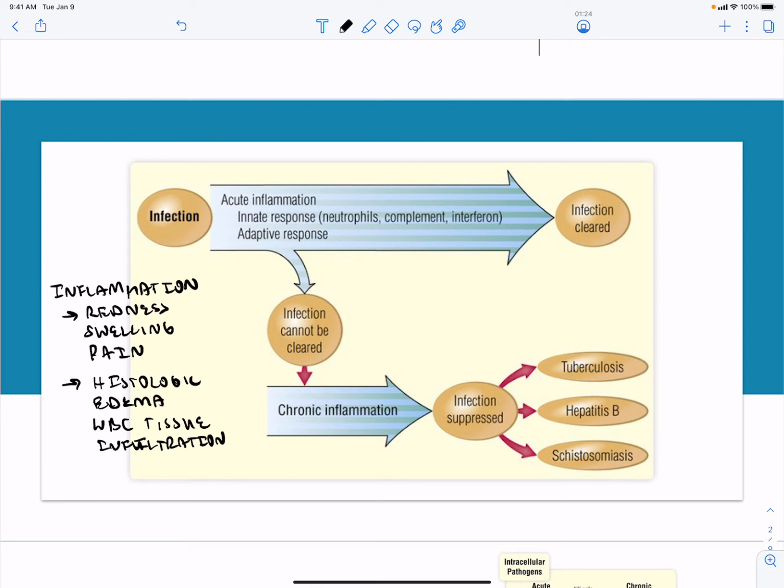And of course, as we know, when you have an inflamed tissue, the endothelial cells become more leaky, so they separate so that the white blood cells can do their diapedesis and get into the inflamed tissue.